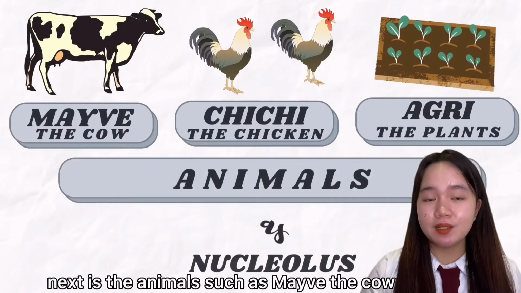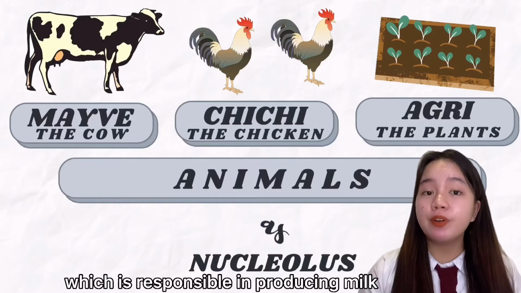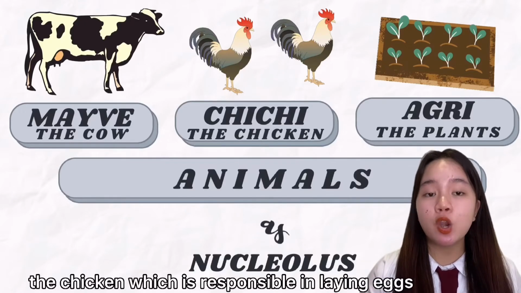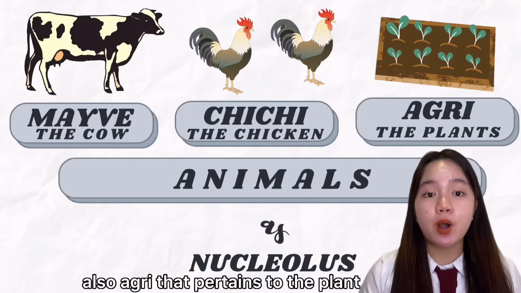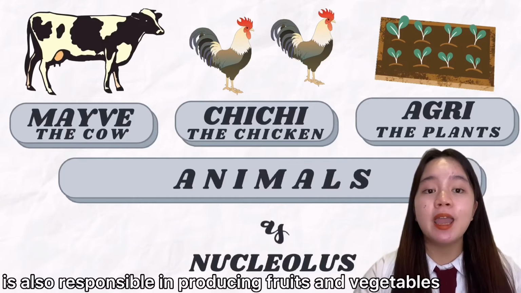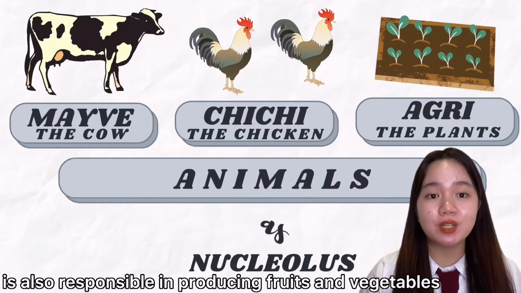Next are the animals, such as the cow, which is responsible for producing milk, and Chichi the chicken, which is responsible for laying eggs. Also the crops, which pertain to the plants, are responsible for producing fruits and vegetables.